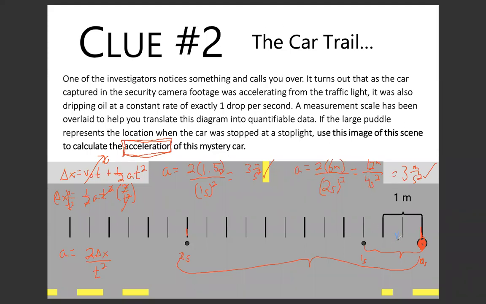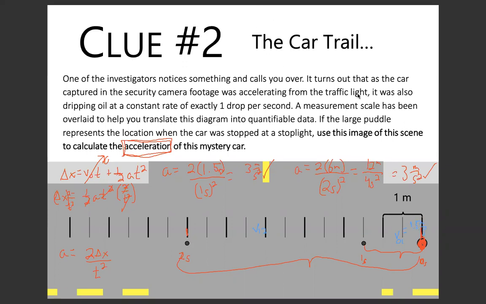Some people want to find V between 0 and 1 and V between 1 and 2, and then calculate the acceleration that way. You could do that. This speed between 0 and 1 would be 1.5 meters per second.